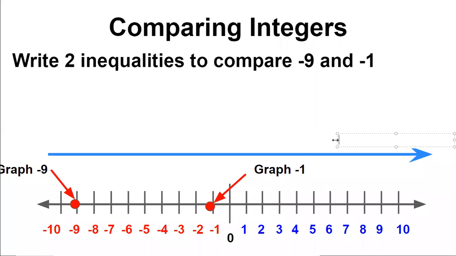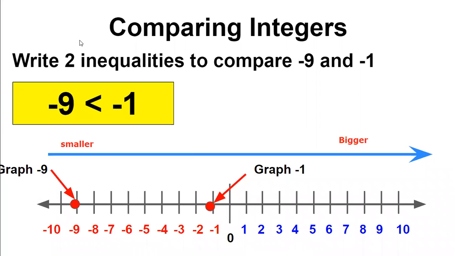So this would be bigger, and this would be smaller numbers. Okay, keep that in mind. So let's see if we can write some inequalities. We could say negative 9 is less than negative 1. Again, I'm reading from left to right.